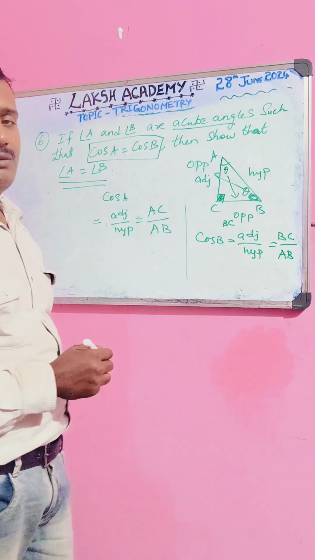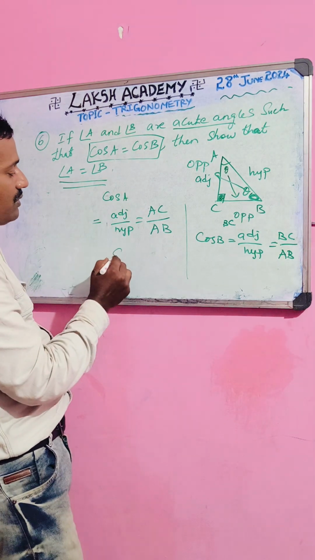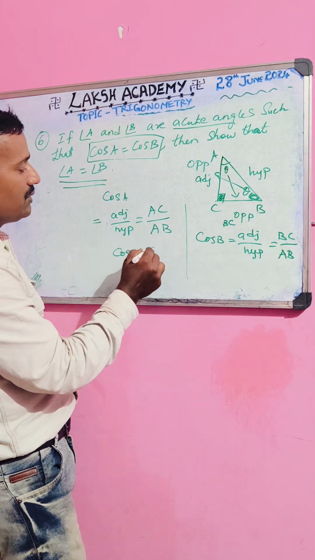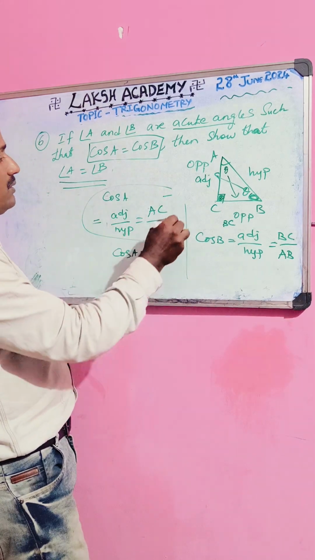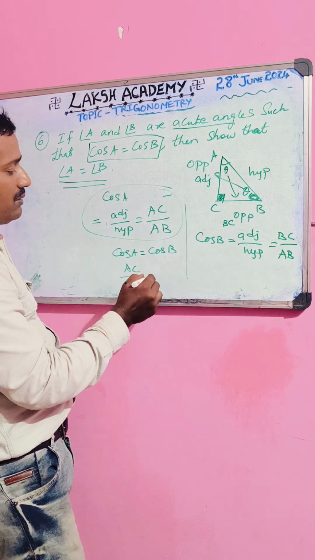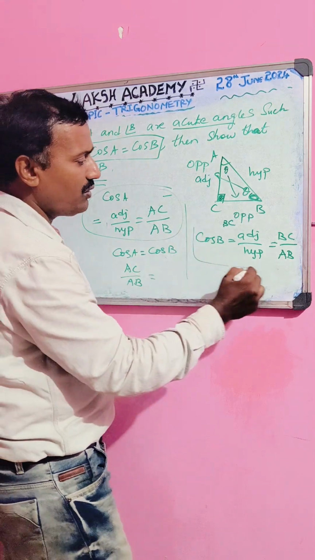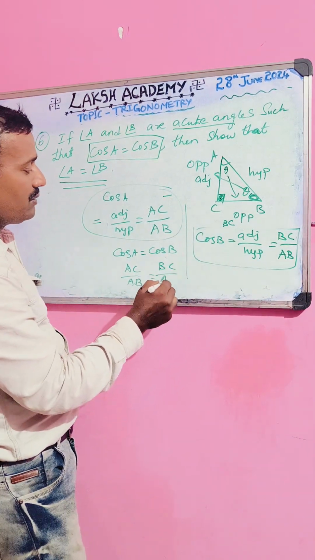Now the condition given is cos A equals cos B. We got cos A as AC by AB, and cos B as BC by AB.